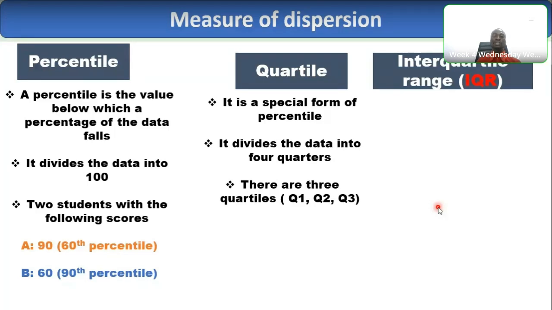So Q1 is the 25th percentile, that is 25% of our values lie below it. Q2 is our median, that is 50% of the values lie below it, which makes it the middle number. Then we have Q3, which is the value that 75% of our values lie below, and we can say that is the 75th percentile.